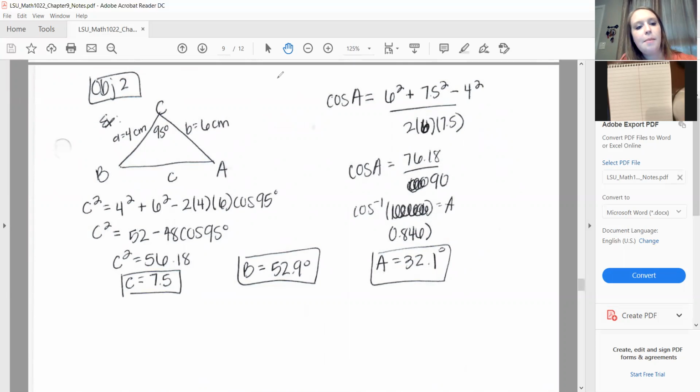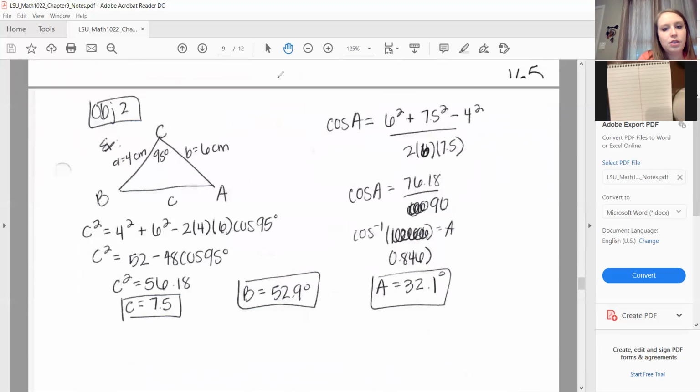So the way you would set it up is, I know angle C, so I have to use the formula with angle C. So you would start right here. C squared is equal to A squared, 4, plus B squared, 6, minus 2 times A times B times cosine of 95.